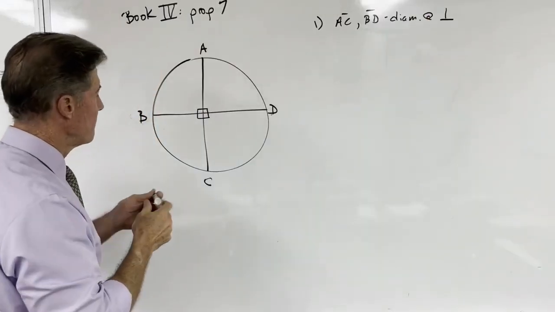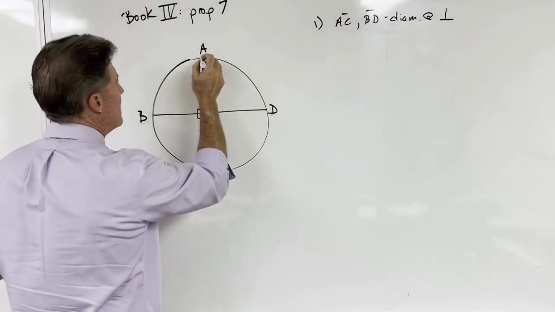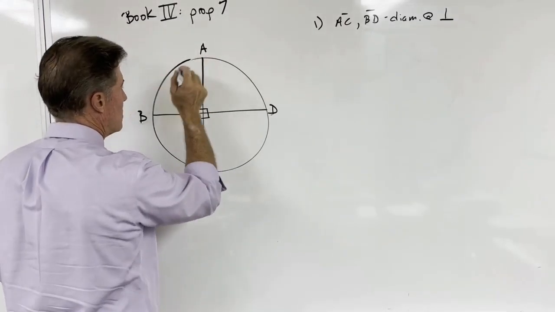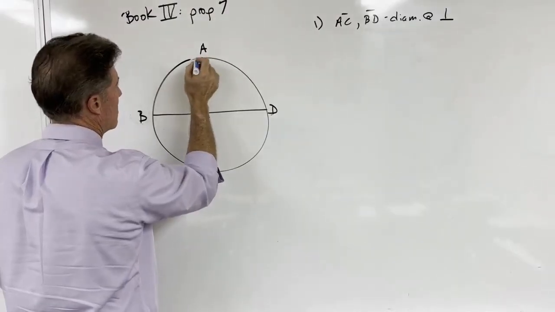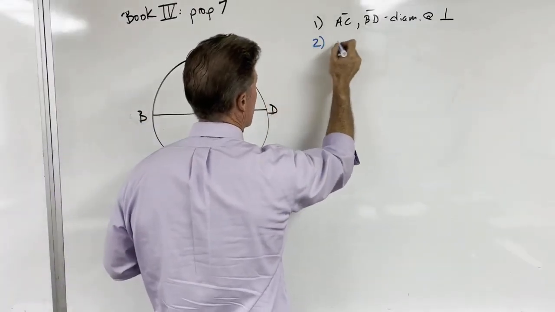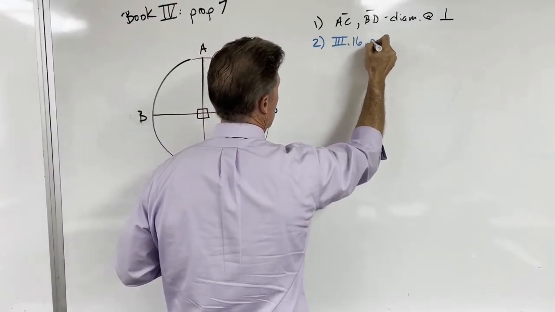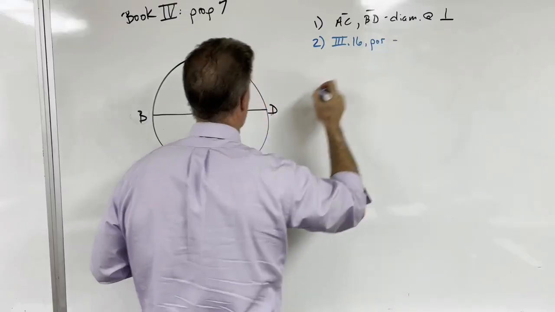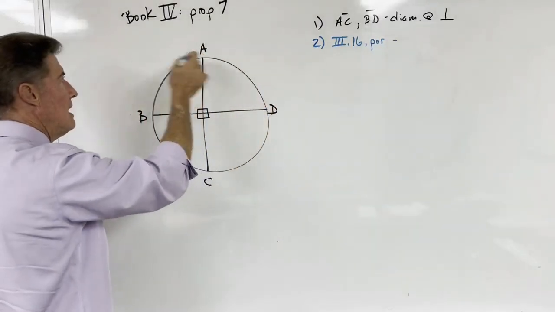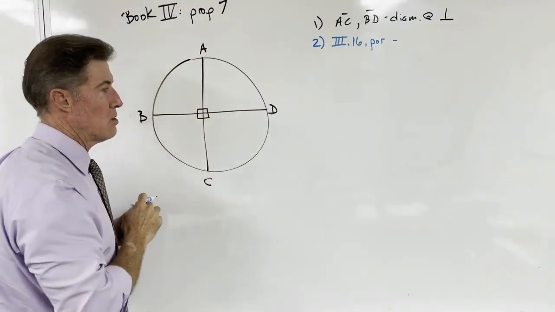That's our first step. And then at each of these points, we're going to draw a line tangent to this point A. So we're going to invoke the porism. So the second step, we're going to invoke the porism of Prop 16, and the porism says that anything at right angles to the diameter will be a tangent, or a touching line.